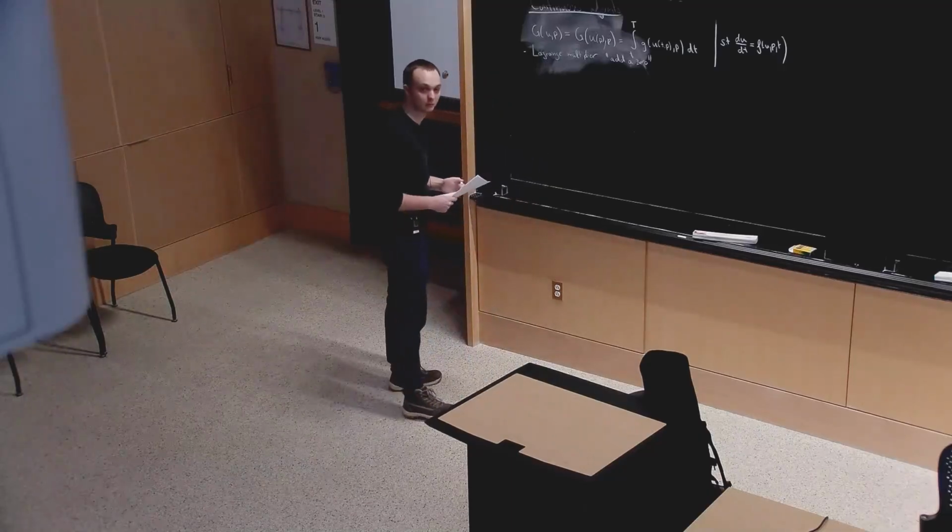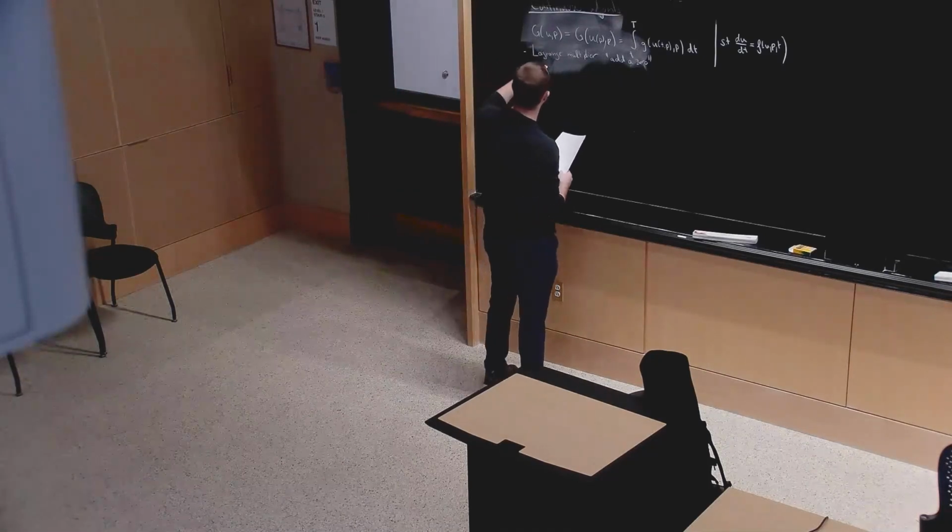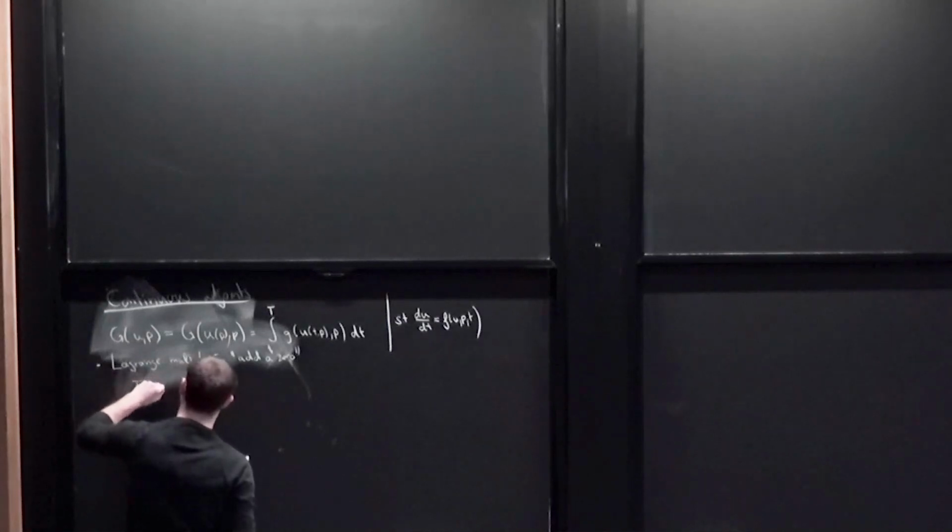So the first trick that we want to do is basically to add a 0 to this kind of function. If you pause here, make sure everyone understands what you're doing.